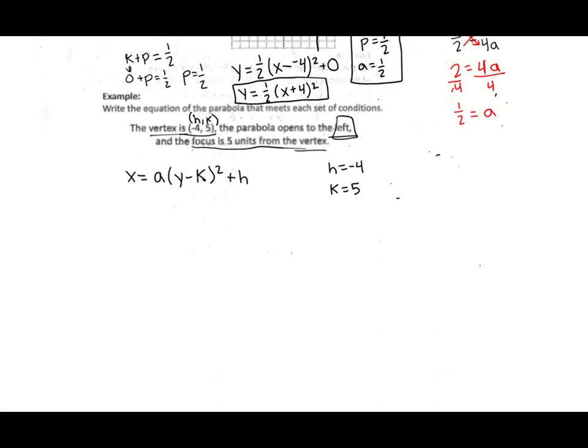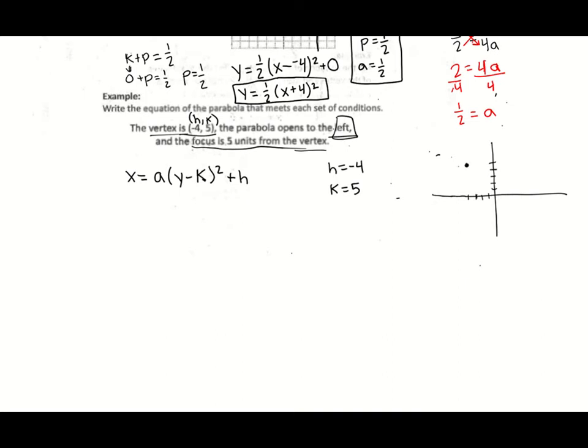Now to find my focus, I'm going to make a small graph over to the side. If my vertex is at -4, 5, so if I graph that, left 1, 2, 3, 4, and up 5, 1, 2, 3, 4, 5.